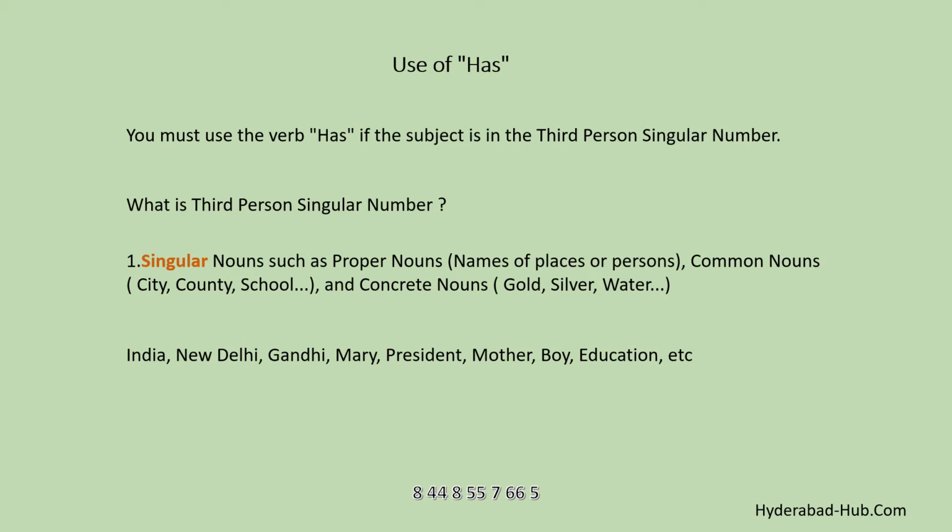Similarly, there are some pronouns which are in the third person singular number, such as he, she, and it. If we use these nouns or pronouns as the subject in a sentence, then instead of have, we use has.